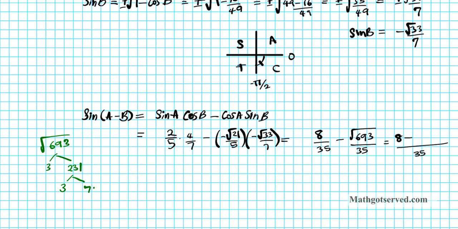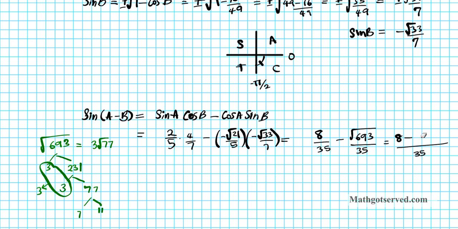And then 21, another 7. 77 can be broken down into 7 times 11. All right, so these two repeat themselves, so we can break out a 3. And the simplified form of root 693 is 3 root 77 because these two stay behind, okay?